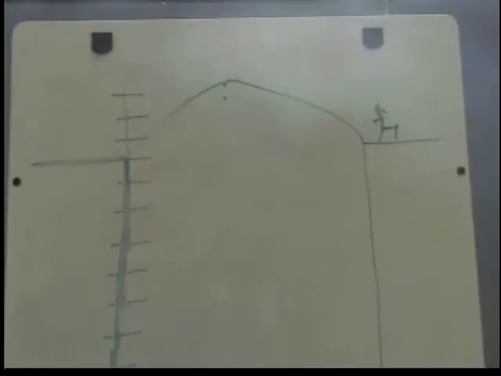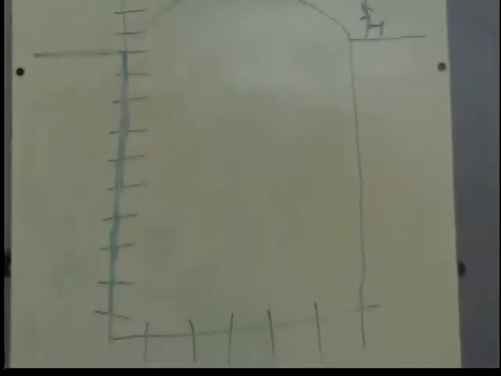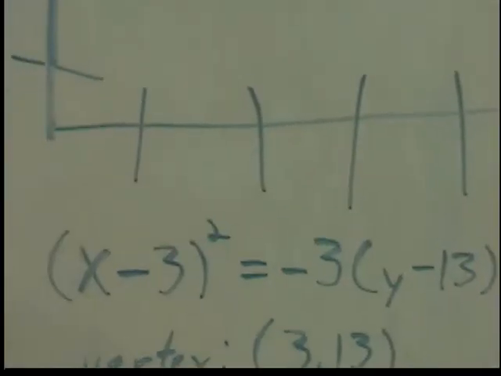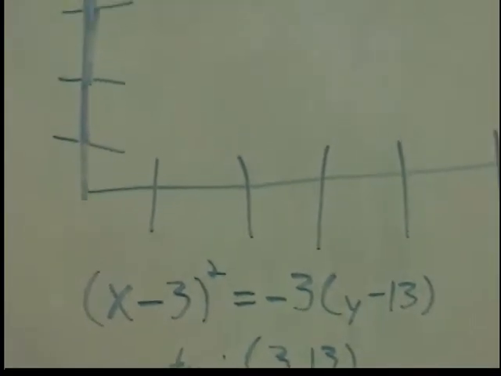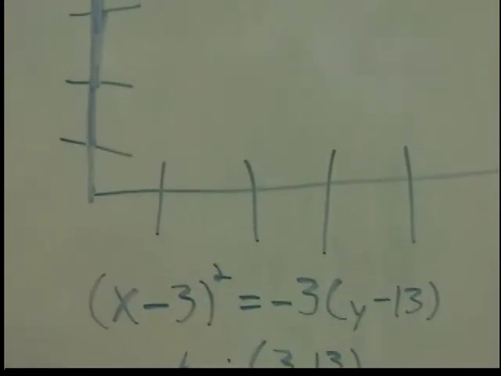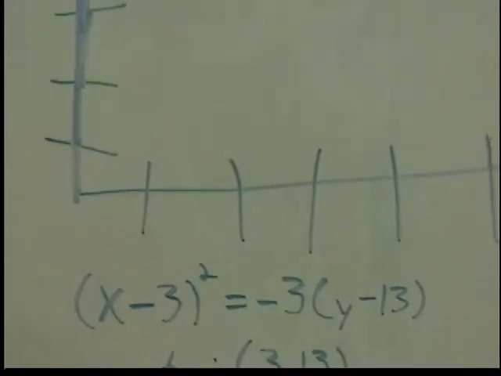So here is the parabola of Bambi's jump. And to graph that, you would have this equation. And to start graphing, you would have to find the vertex. And first you would want to make the parentheses equal 0. And so x would be 3 and y would be 13. And so your vertex is at (3, 13).